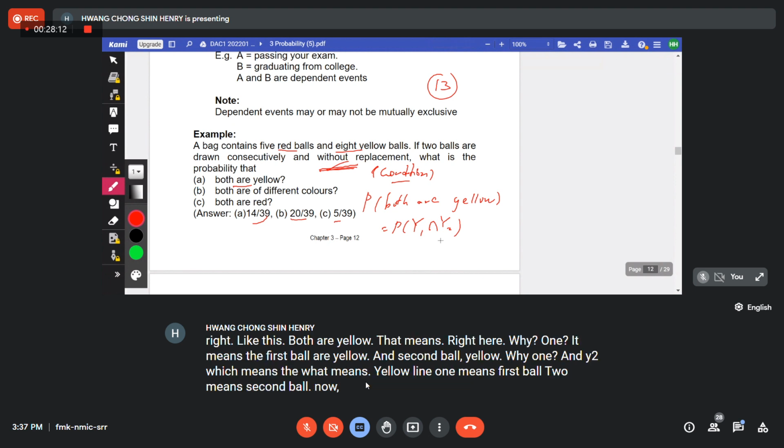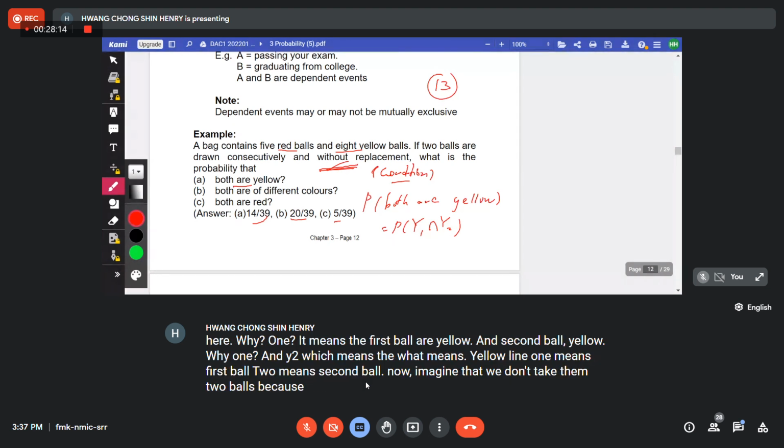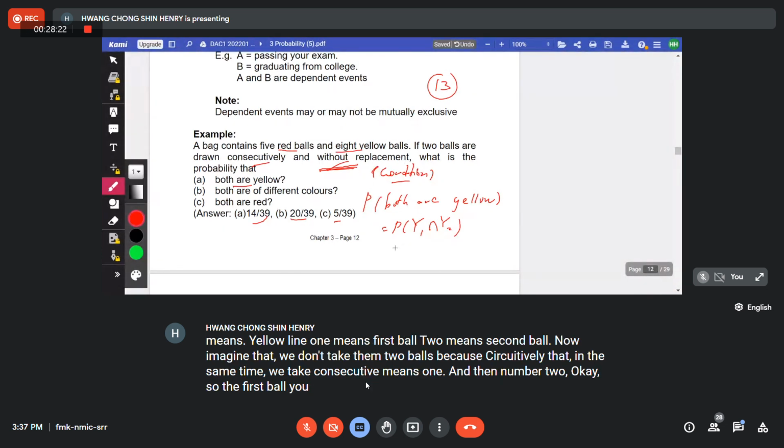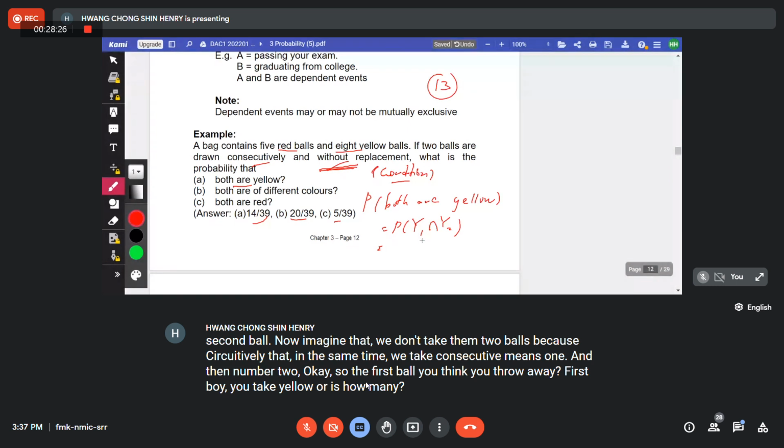Now imagine we don't take the two balls at the same time. We take consecutively, which means number 1 and then number 2. So the first ball you take, you throw away. The first ball you take yellow is how many? 8, out of how many? 13, right?